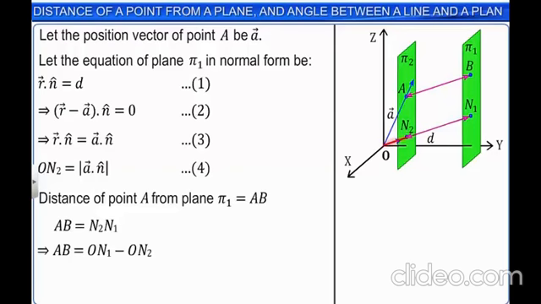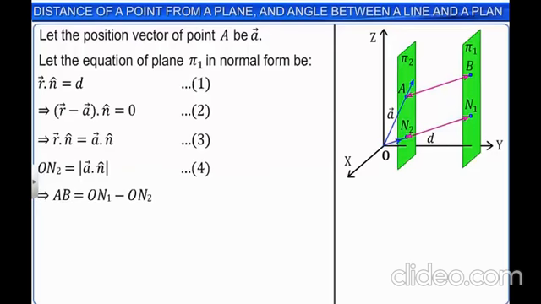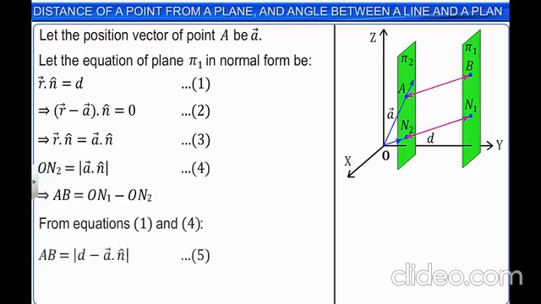Next, we substitute the values of distances ON1 and ON2 from equations 1 and 4 in the previous equation. Equation 5 gives us the formula for the distance of a point with position vector A from a plane at a perpendicular distance d from the origin.